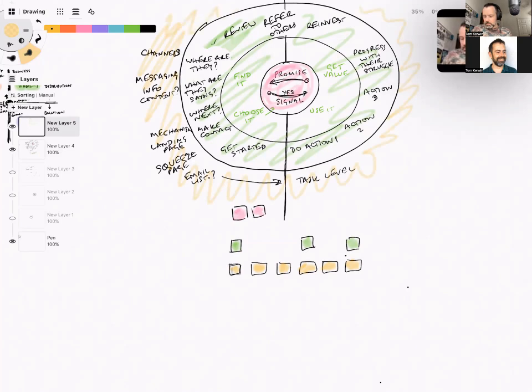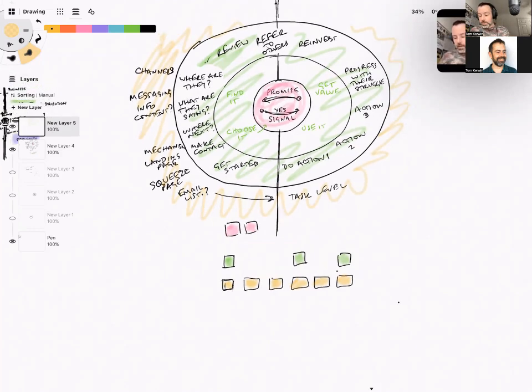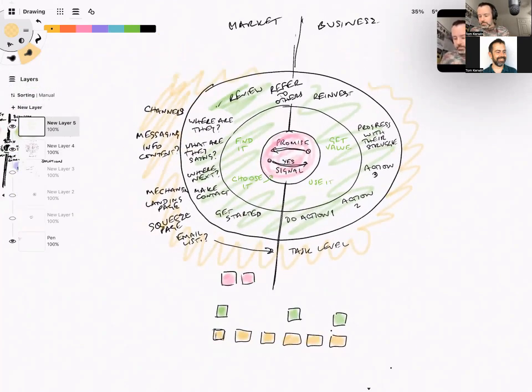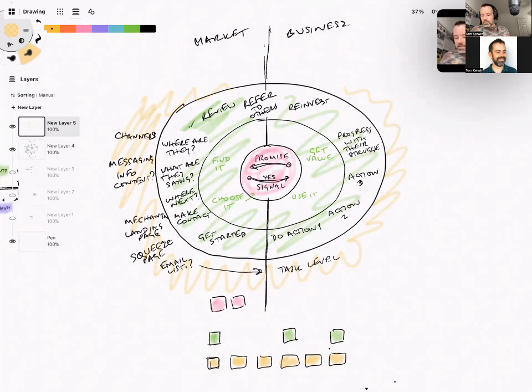We got to the task level there. So we can put this user story map in a concentric circle and make our snowflake like this. Every layer we go out, we're able to get more and more detailed, give more and more richness to the story. But we're still always considering the market side and the business side.